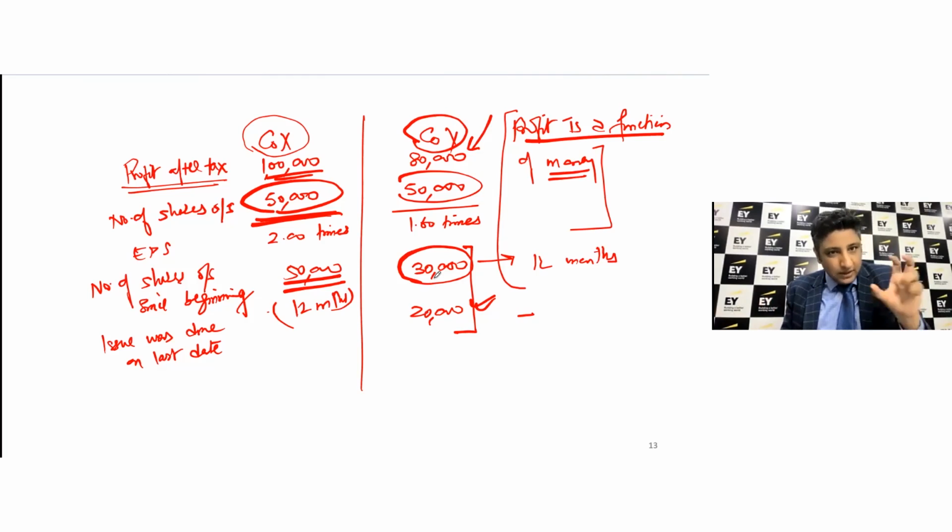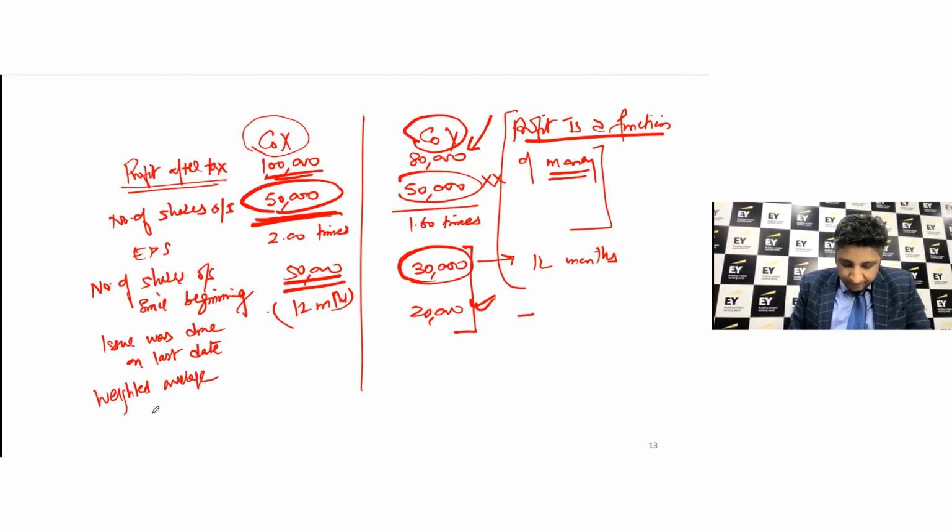Okay, you earned that 80,000, there's no doubt about that. But you earned that 80,000 out of the money by using the shares to the extent of 30,000, which means that I cannot take the number of shares outstanding, but I have to take the weighted average number of shares outstanding.